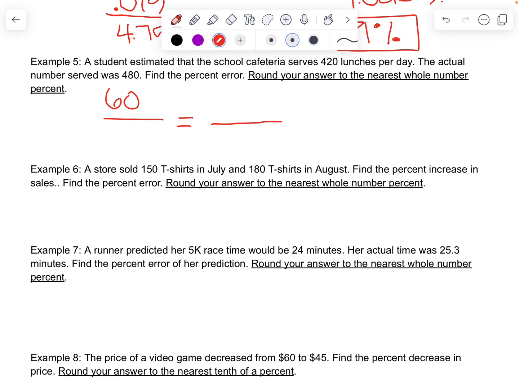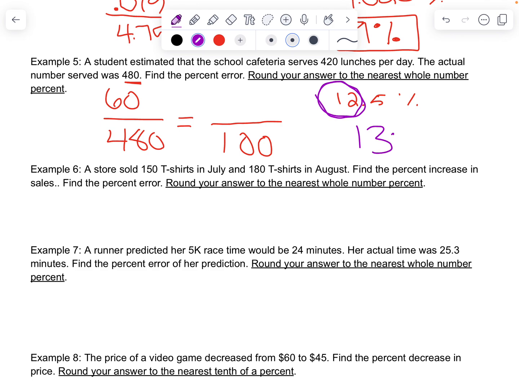So they actually served 480. 100 on the bottom, go ahead and solve. 60 times 100 divided by 480. And you get 12.5%. However, it says round to the nearest whole number. So the whole number is in front of the decimal, so you should get 13%.